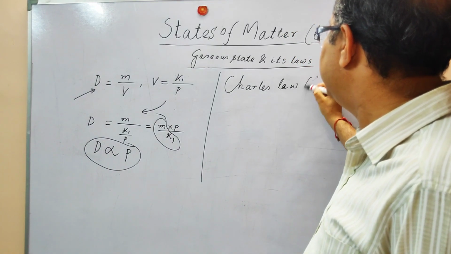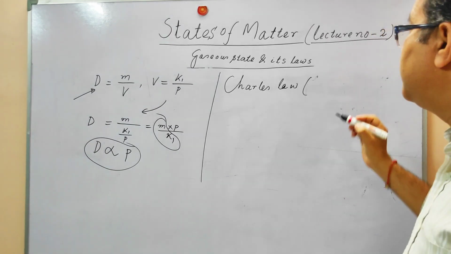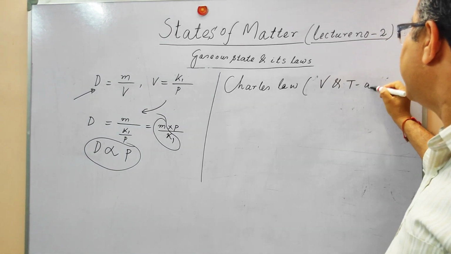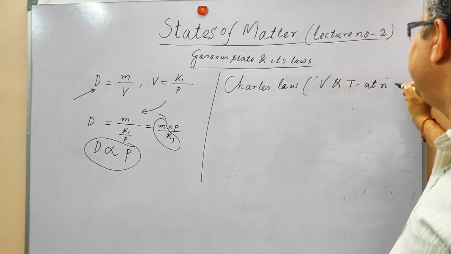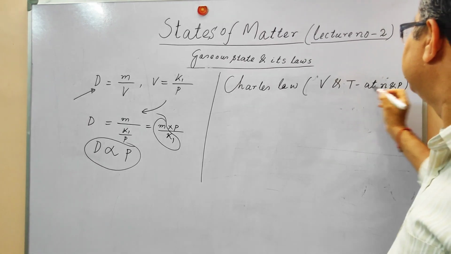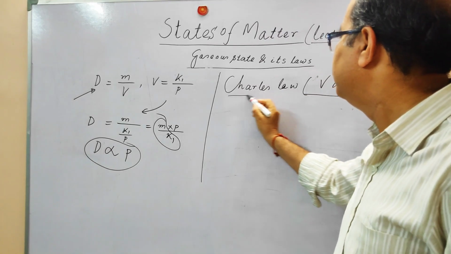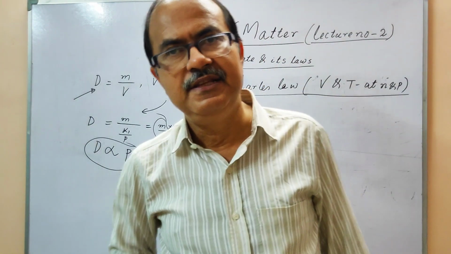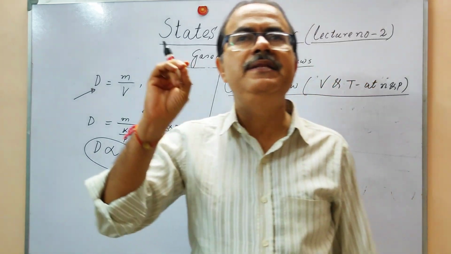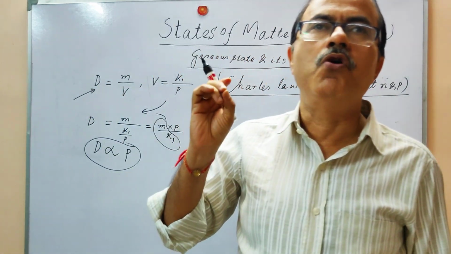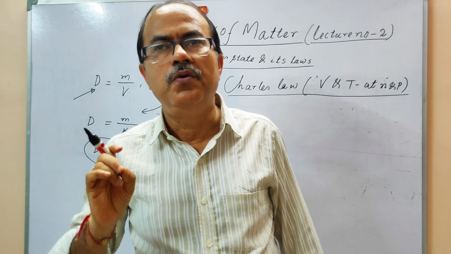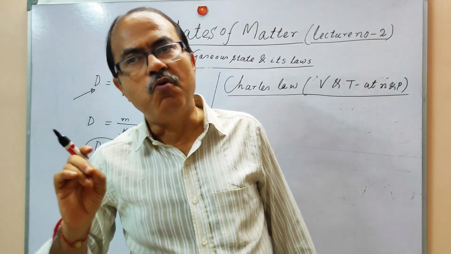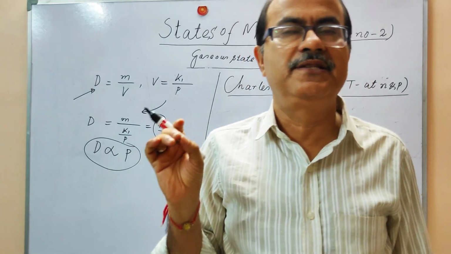Charles law is basically the correlation between the volume and temperature at n and P constant. While experimenting, Charles found that when the temperature is increased, the volume of the gas also increases.